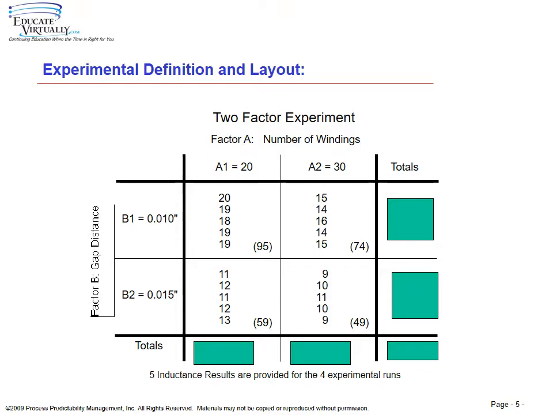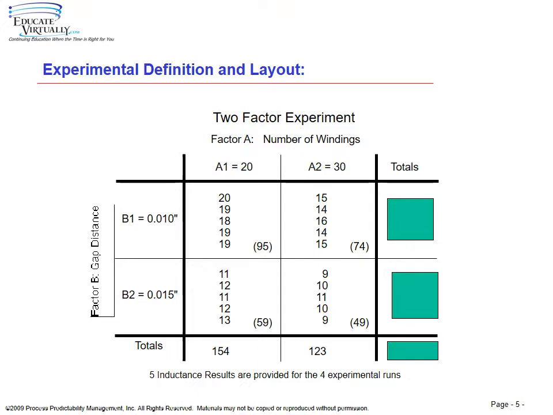The overall total that we have for A1 at its low setting is 154. So that is all of the values of inductance when A1 was at 20 windings. Then we have the A2 total, which is when the transformers were at 30 windings, we had a total of 123.